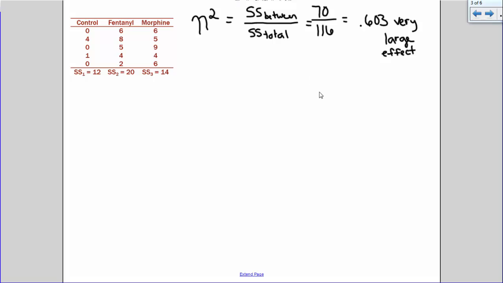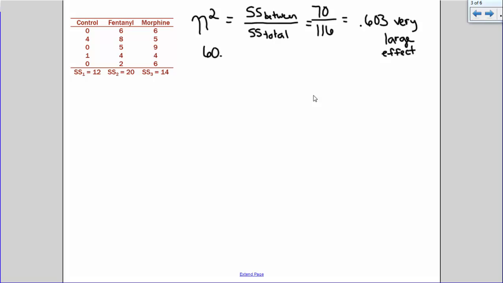So if you were asked to interpret this in plain English, remember, eta squared tells you the proportion of the variability in your dependent variable that can be accounted for by your independent variable. So let's multiply this by 100 to turn it into a percent.